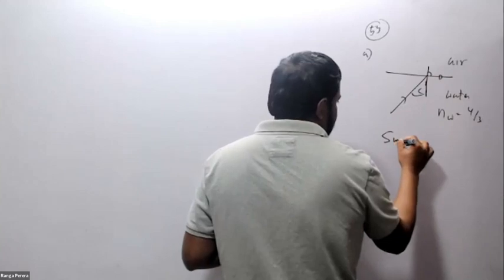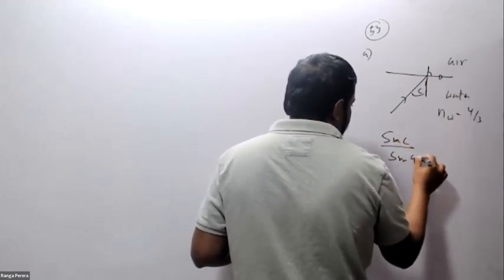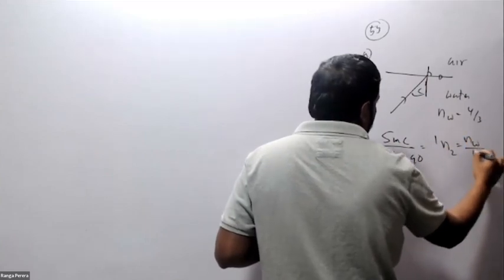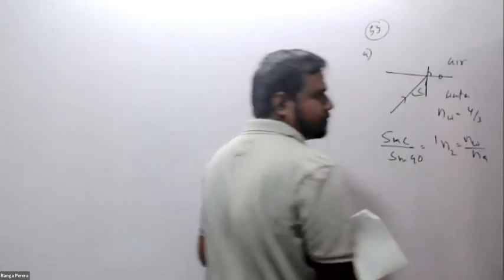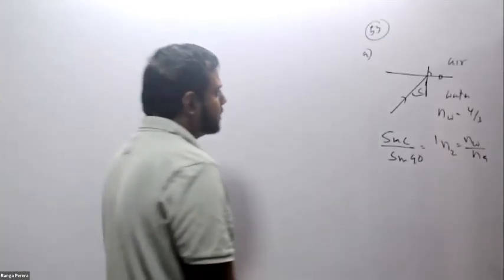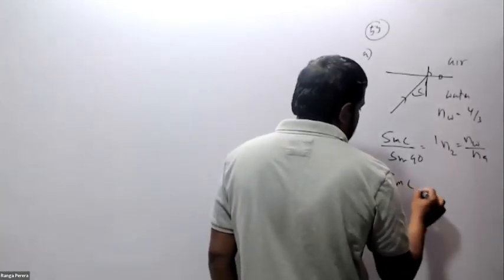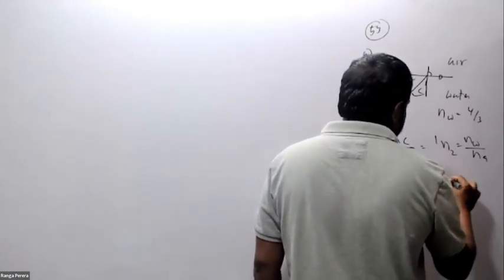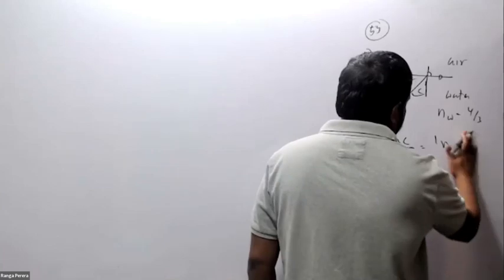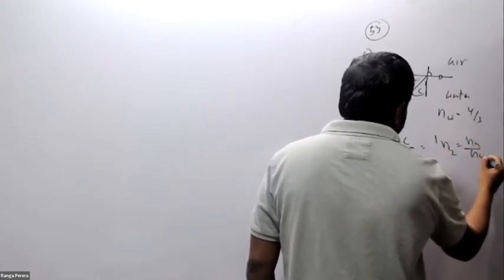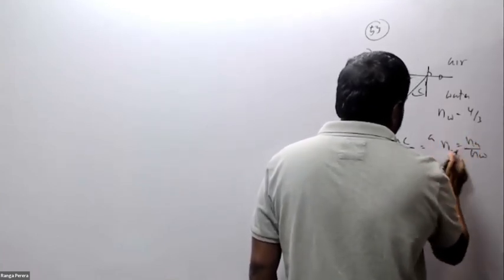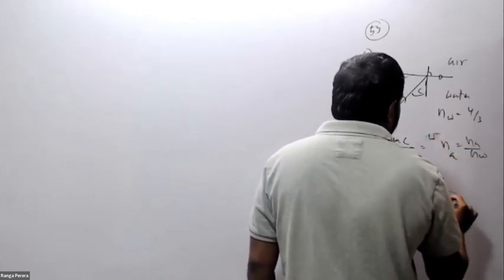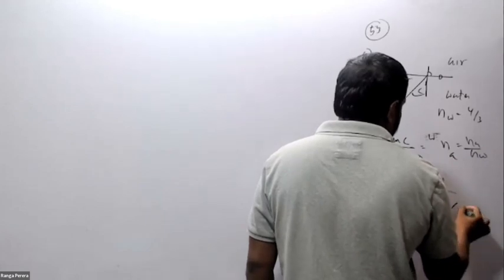For the critical angle, sin C over sin 90 equals 1 into NW over NA. Sorry, it is NA over NW. This is air, this is water. 1 divided by 4/3.